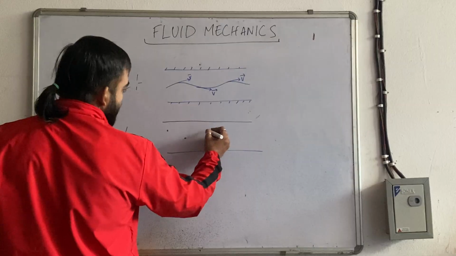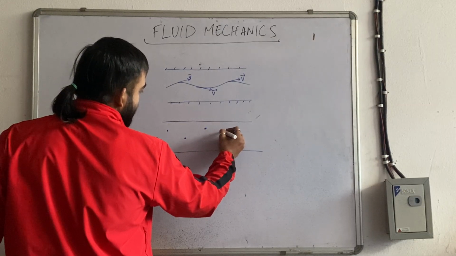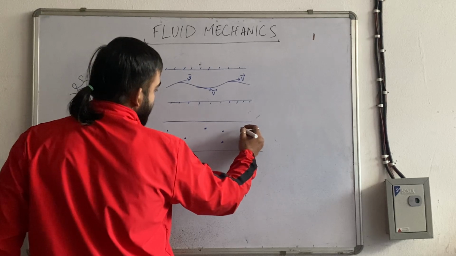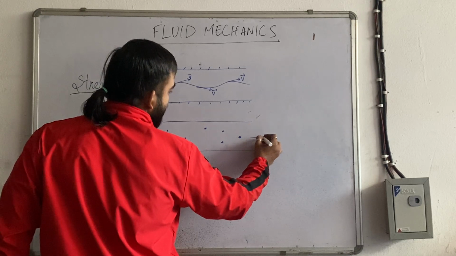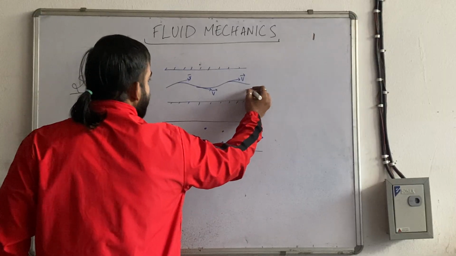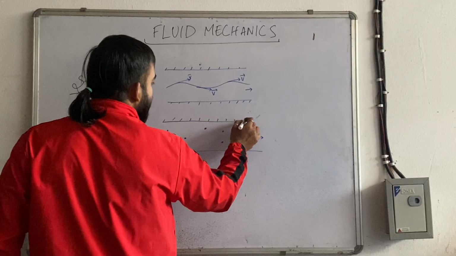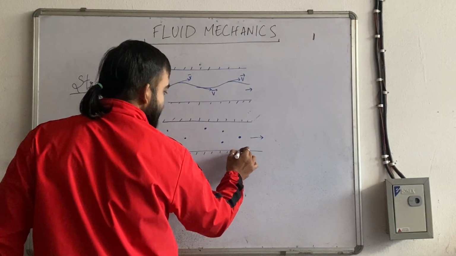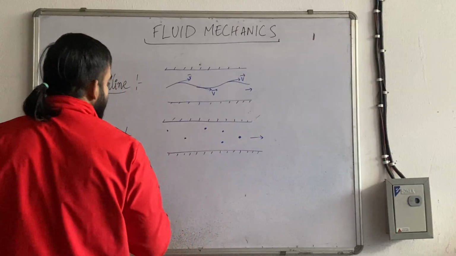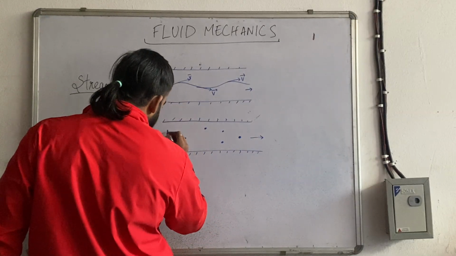In second one, it was here. In third, it was here. In fourth, here. In fifth, here. And then it was here, and moving on. So path line will be formed when we trace these different points in space according to time.